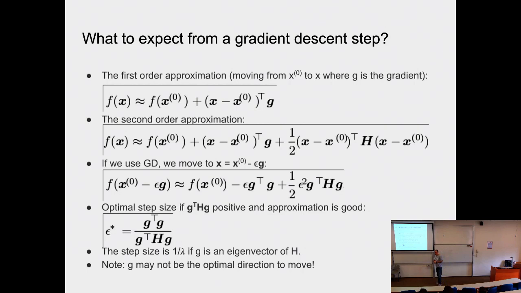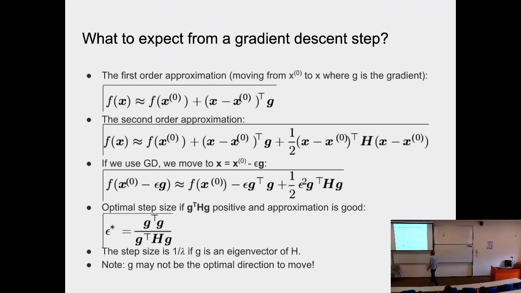So I'm usually talking about gradient descent or stochastic gradient descent in which the step direction I take is g or minus g, and I usually use a learning rate epsilon, so my updates look like x equals x0 minus epsilon g. Here x refers to my weights actually, so I should have called it w, but you understand. Okay. So my question is, if I'm going to step in the gradient direction or the opposite, how large a step should I take if I know the second derivatives, right?